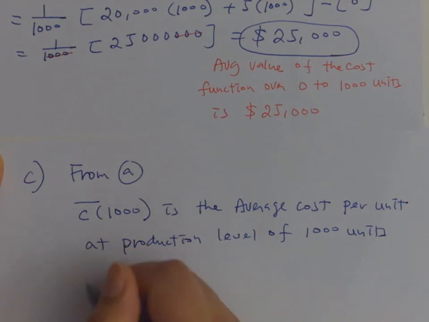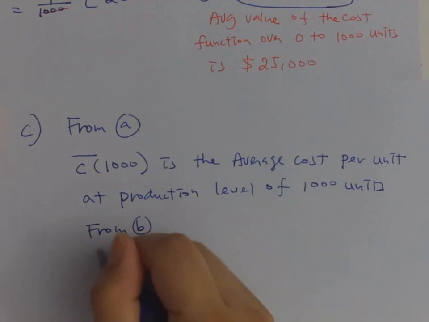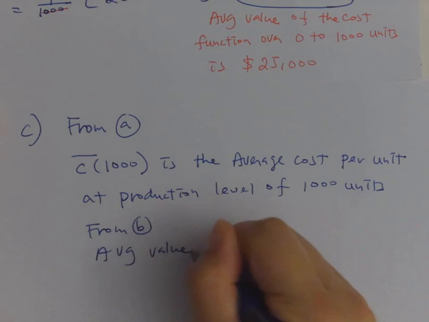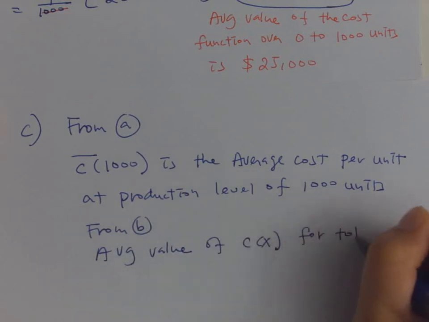And then from B, it figures out the average value of the function for the total.